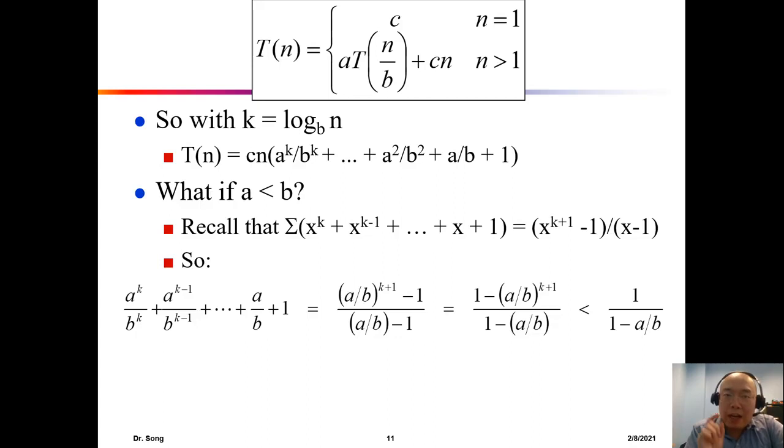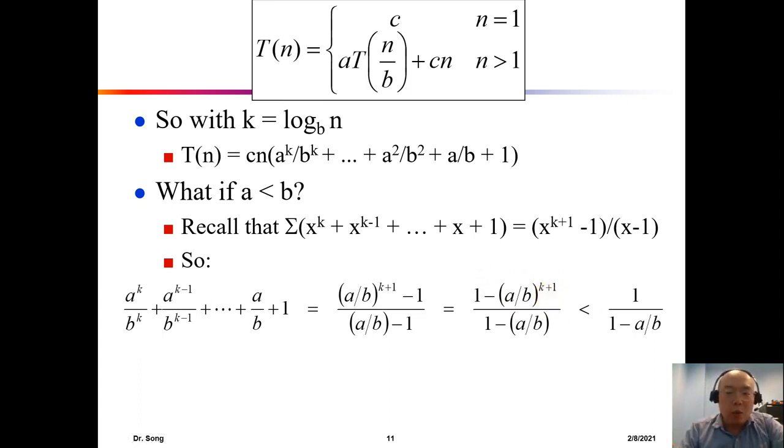Some value, a divided by b, between 0 and 1, raised to the power k plus 1. If this k plus 1 is large enough, what will this value be? This value, a divided by b to the power k plus 1, will be very, very close to 0.